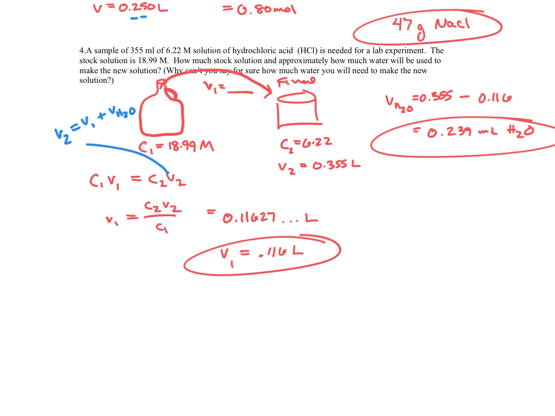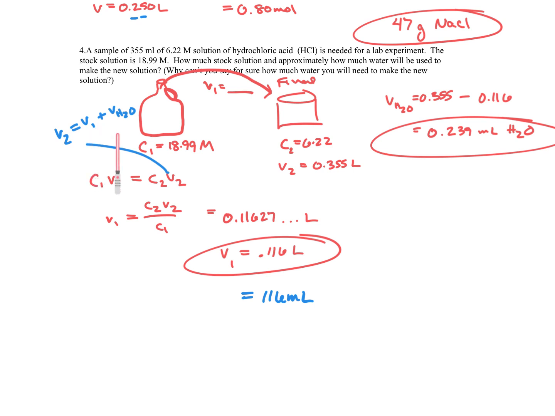So the volume that needs to be moved from this jug into the final container is 0.116 liters, which is 116 milliliters. Now, since the final volume is supposed to be 0.355 liters, how much water is needed is just the final volume minus the amount that's moved.